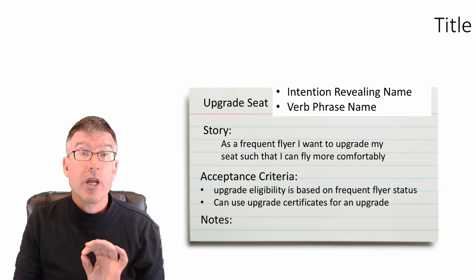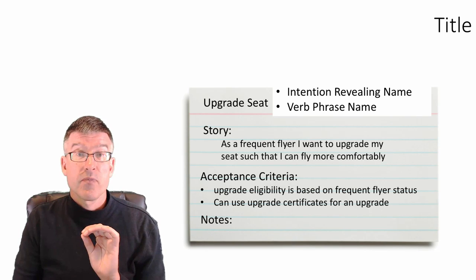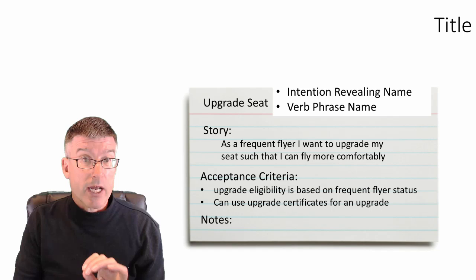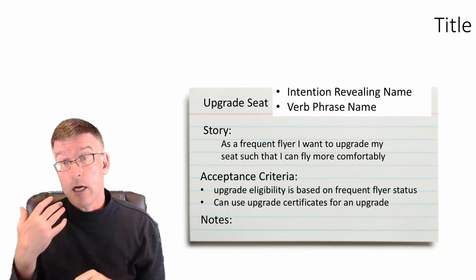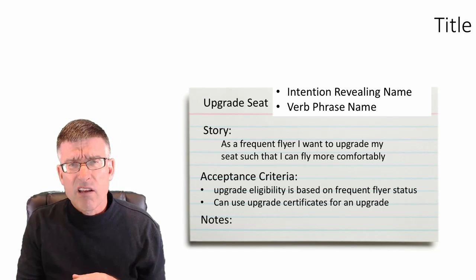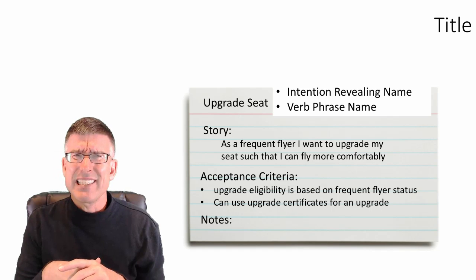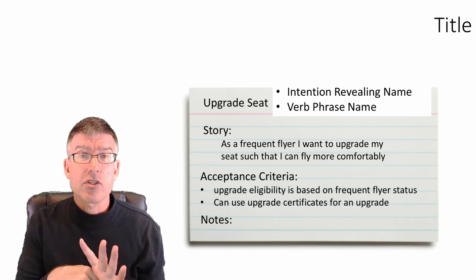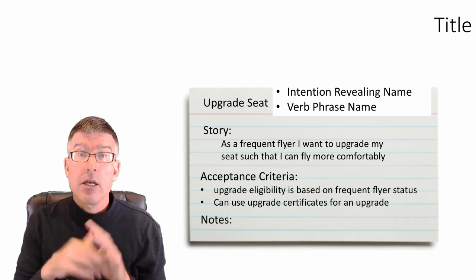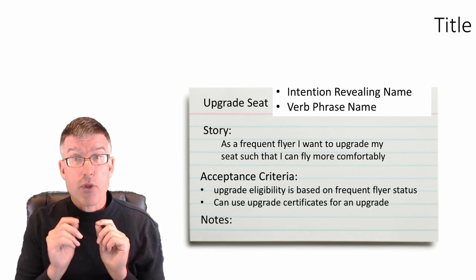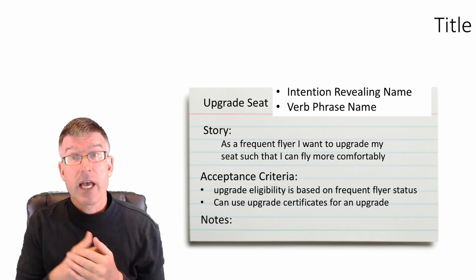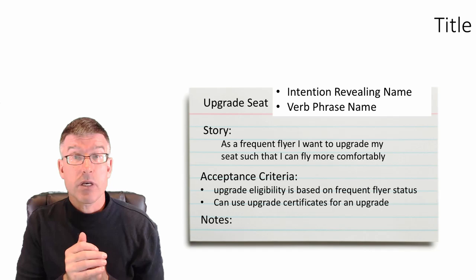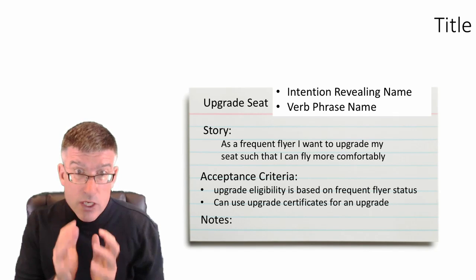You start coming up with names like upgrade user story or user story 1. You want to try and say, wait a minute, maybe we don't have a clear understanding of what is really needed here. Then just simply being able to come up with a good name for the user story and one that reveals the intention behind the user story says a lot for you.